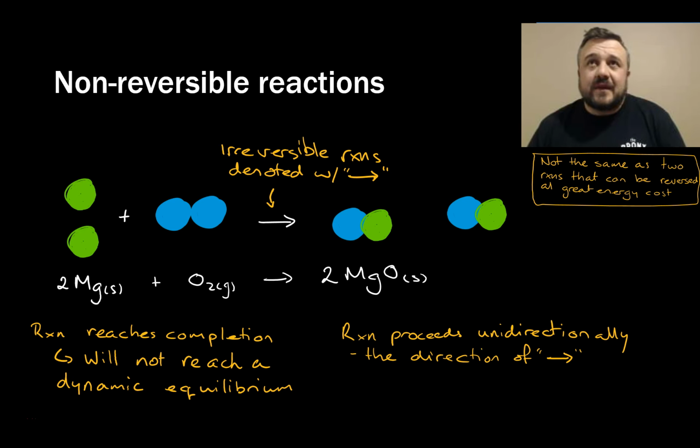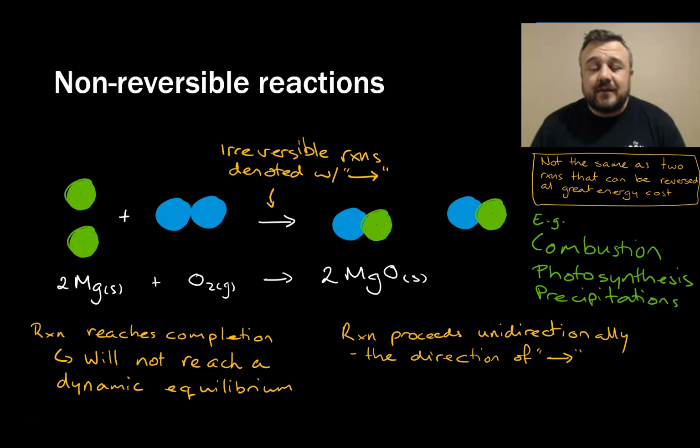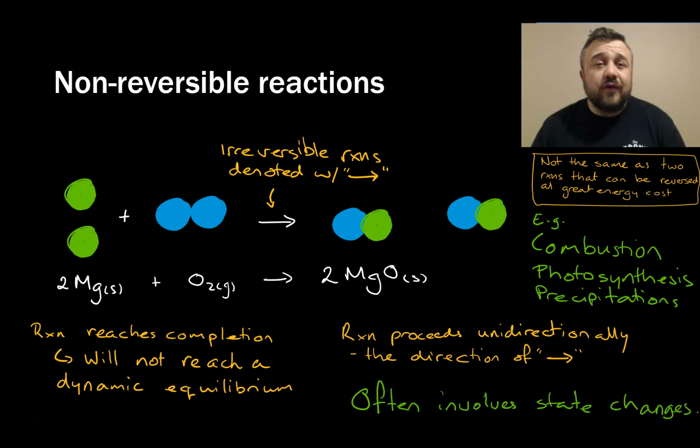If we leave it alone in a reversible reaction, it'll start moving back in the other direction, whereas a non-reversible reaction will not do that. It takes a lot of energy to make them go backwards. So combustion, photosynthesis, precipitations tend to be, but if something is a saturated solution, it will exist as in an equilibrium eventually. Non-reversible reactions often involve state changes. Not always, but they often do.